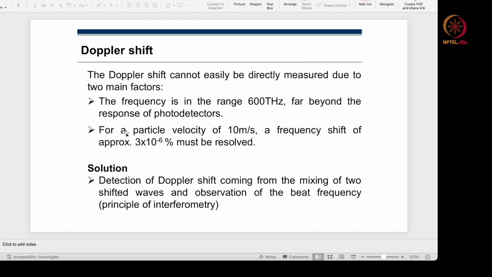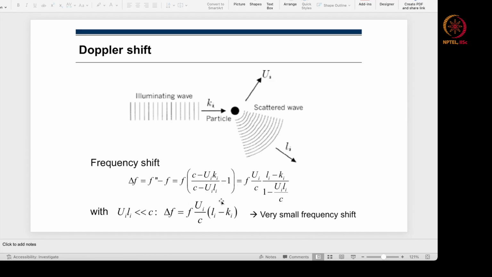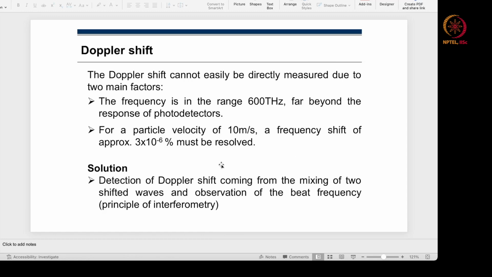If we have a particle with a velocity of 10 meters per second, the frequency shift calculated from this expression, even assuming the maximum frequency shift that you can have, is approximately 3 into 10 to the power of minus 6 percent. So 3 parts in a million type of percentage resolution must be resolved. One is that the base frequency is very high and the frequency shift is therefore very, very small. This is onerous because you don't have photodetectors with that kind of resolution.